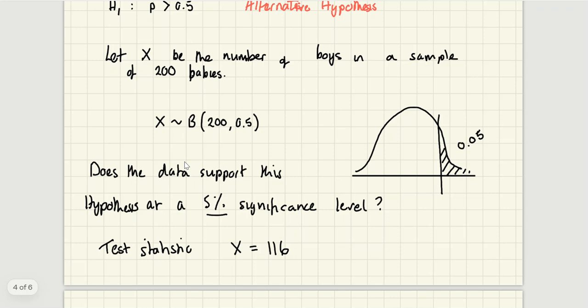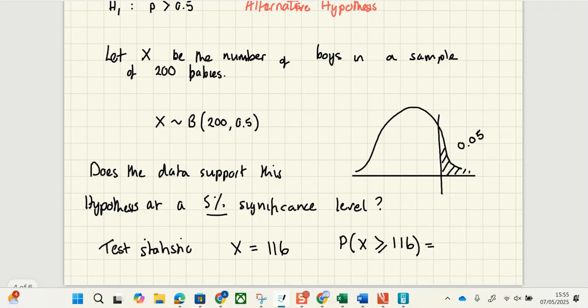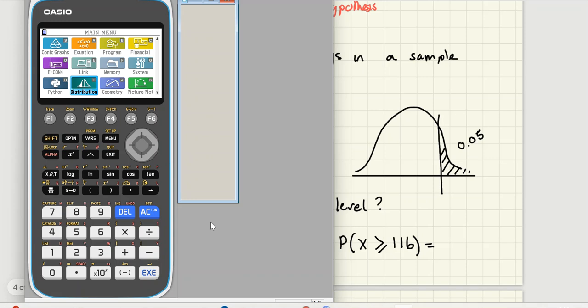So we've got to work out the probability that x is greater than or equal to 116. So what is the probability that we have 116 boys if normal is a 50-50 split? Does that make sense? So how do we do that? Now, on your calculator, do you know how to use it to do this?